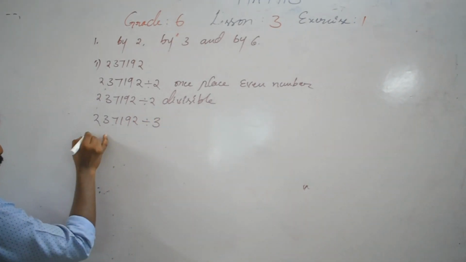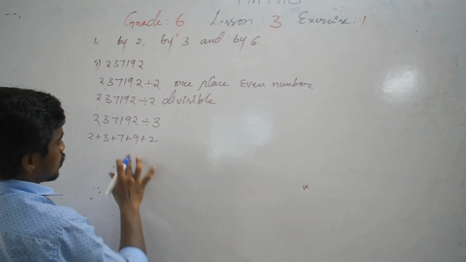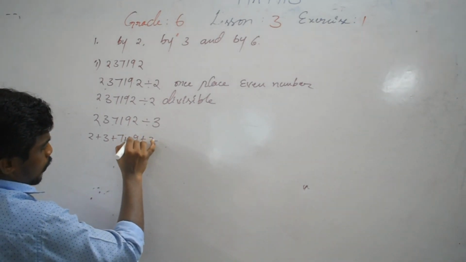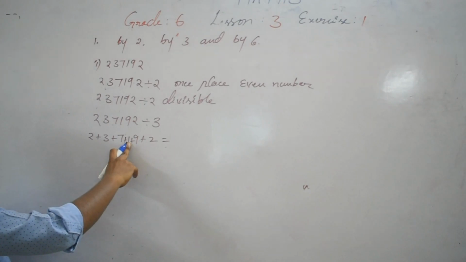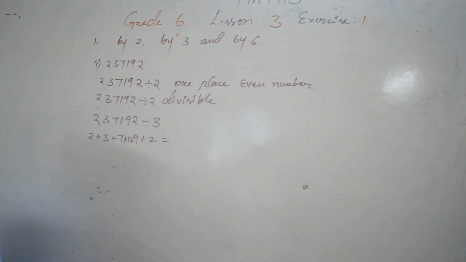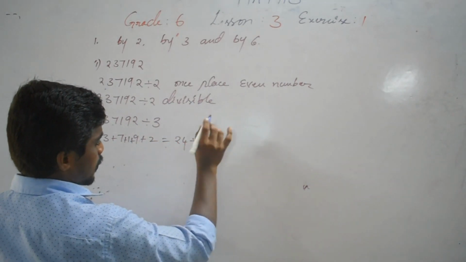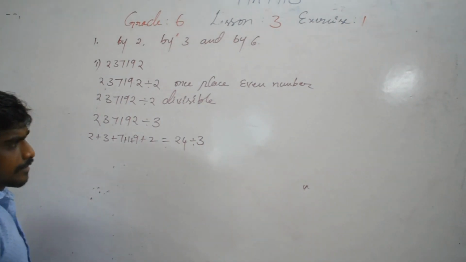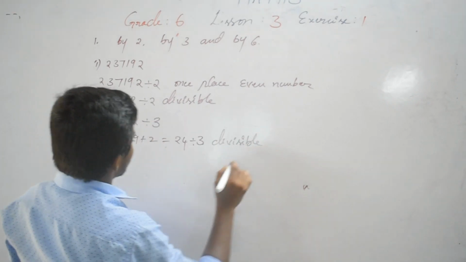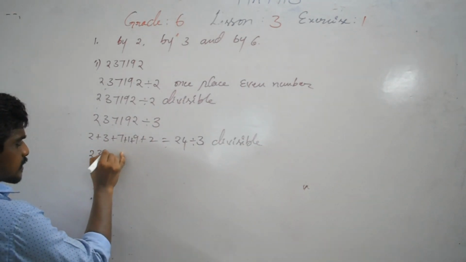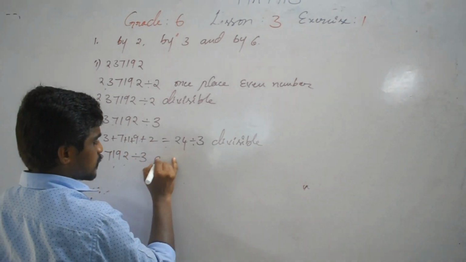Next, divided by 3. So 2 plus 3 plus 7 plus 1 plus 9 plus 2. 2 plus 3 is 5, 5 plus 7 is 12, 12 plus 1 is 13, 13 plus 9 is 22, 22 plus 2 is 24. 24 divided by 3: divisible. So 2,37,192 divided by 3 is divisible.